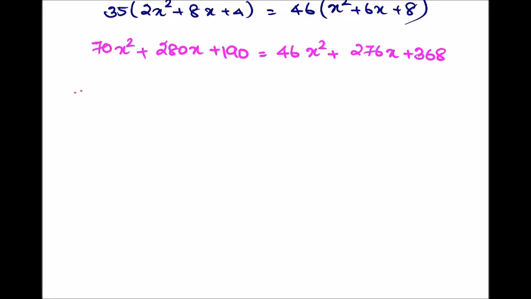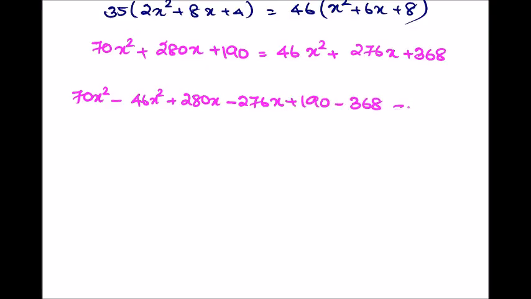That is 70x square minus 46x square plus 280x minus 276x plus 190 minus 368 is equal to 0.